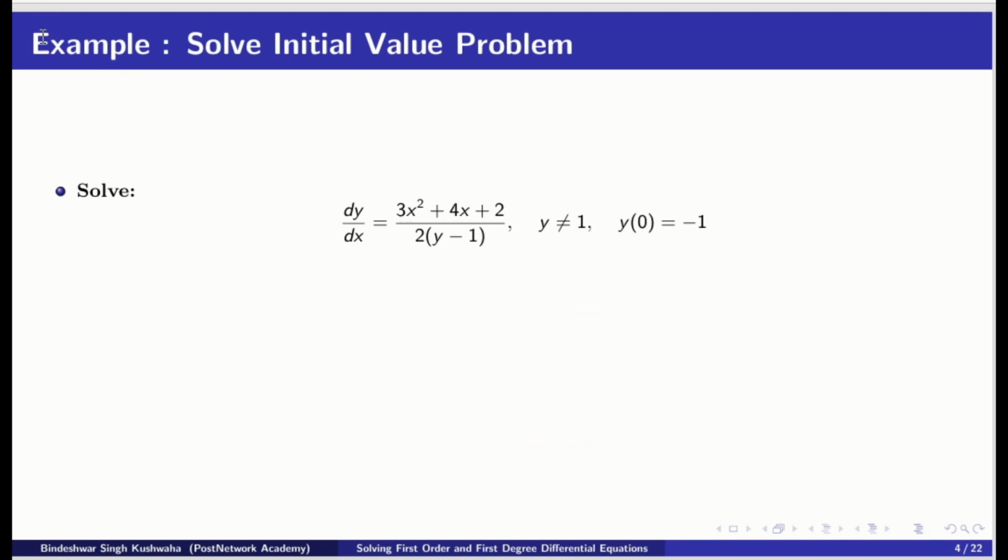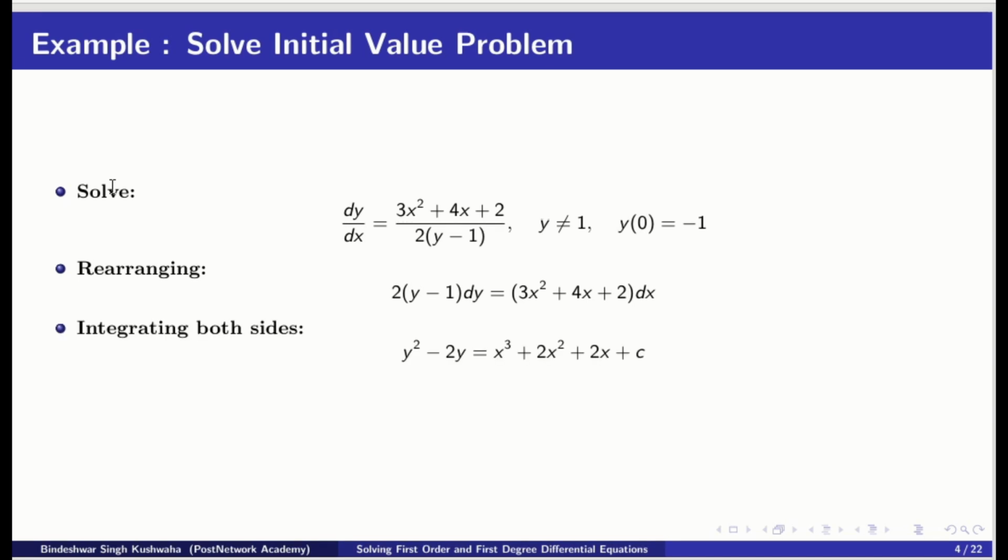Now let us see another initial value problem. The differential equation is given here, so let's solve it further. Here you will separate the y terms on the left side and the x terms on the right side.